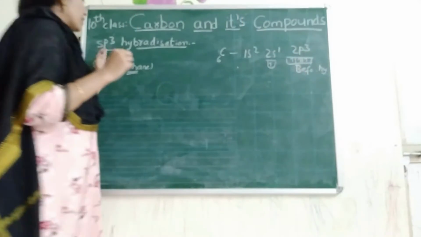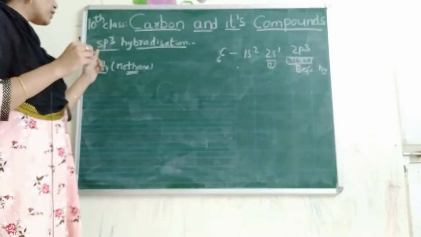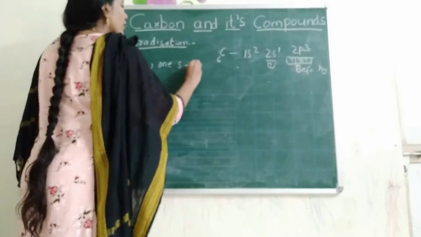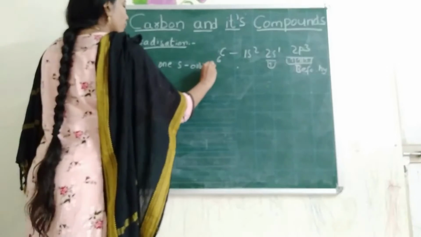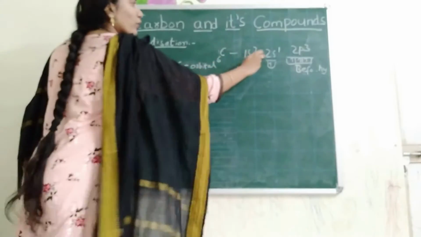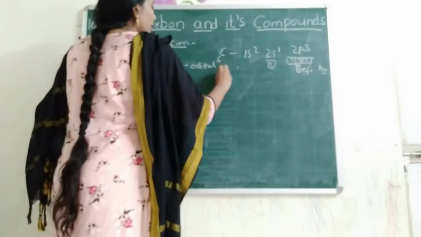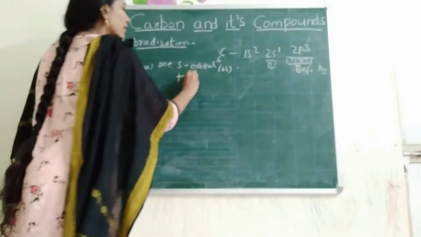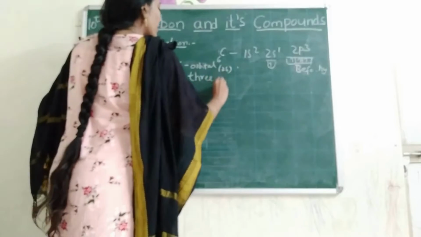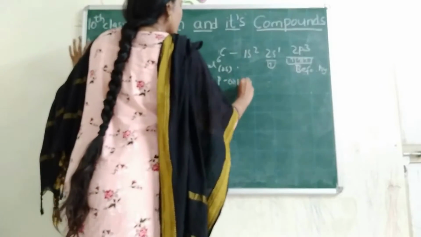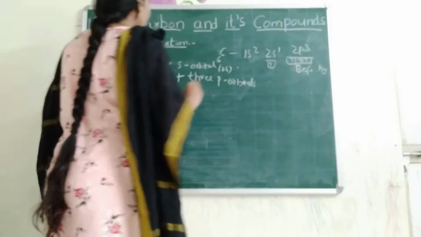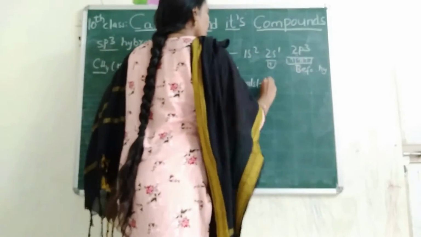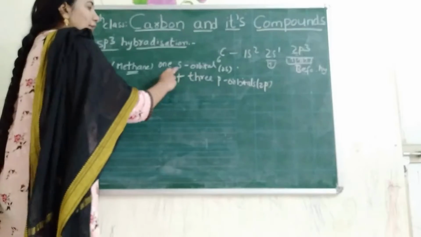Here we are going to discuss sp3 hybridization. That means 1 s orbital. In CH4 the s orbital is which s orbital? The 2s orbital. 1 s orbital plus 3 p orbitals. In carbon the p orbitals are 2p orbitals.